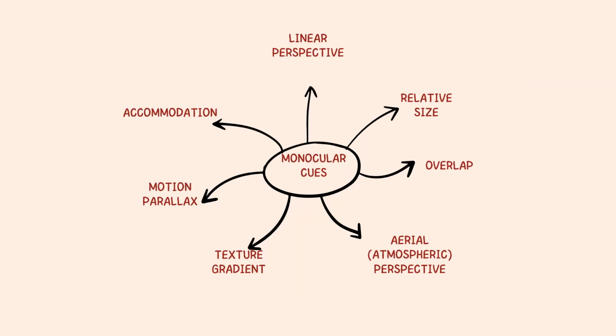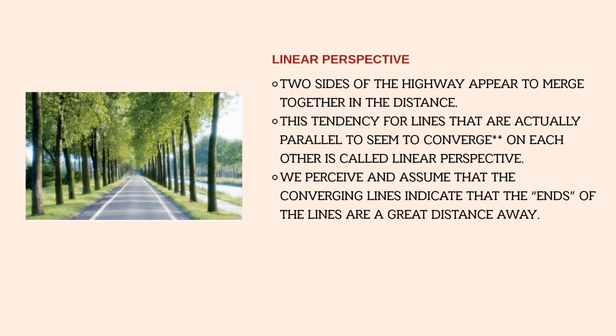Okay, so this is just an overview of how many different subtopics are there under this particular topic. There are around seven, and the seventh one is different from all the other ones. Let's look into how. So the first one we have is linear perspective. The two sides of this highway appear to merge together after a distance, right? And usually this is how we see even railway tracks, right?